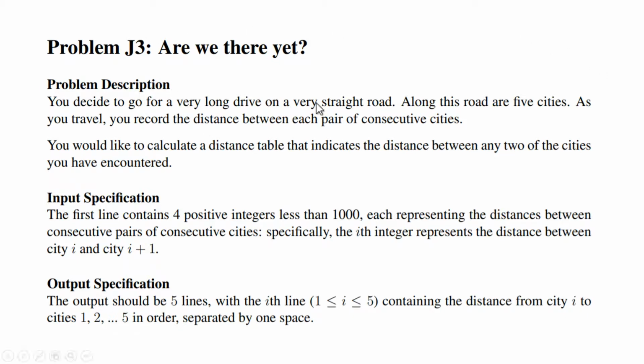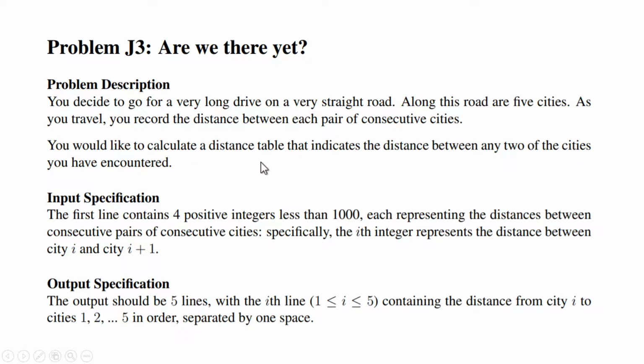So we're driving on a very straight road, and on this road there are 5 cities, and during the travel we record the distance between each pair of consecutive cities. So we know the distance of any two cities next to each other, and we'd like to calculate a distance table that indicates the distance between any two of the cities we have encountered.